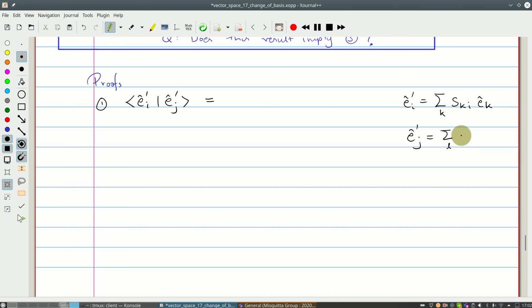Instead of k, I'll use an l: S_lj e_l hat. That's all you need to make sure when you write these things down. Just make sure you have different indices in your dummy sums so they don't collide.